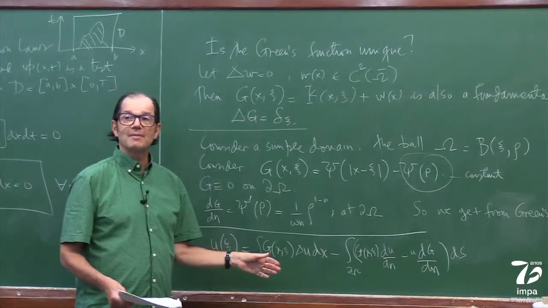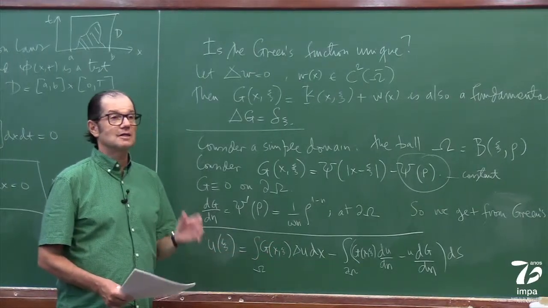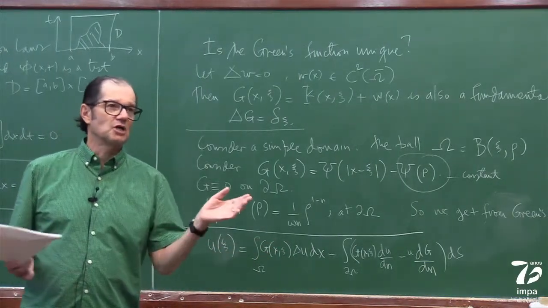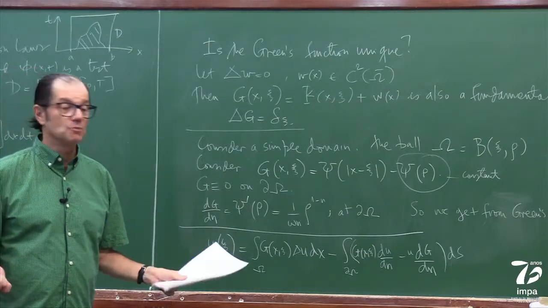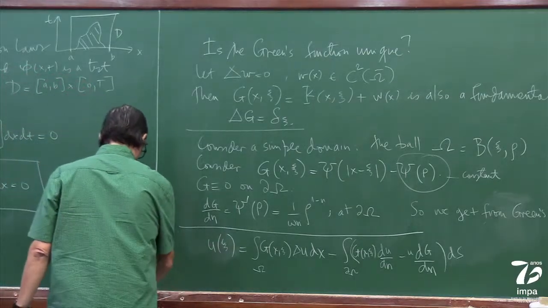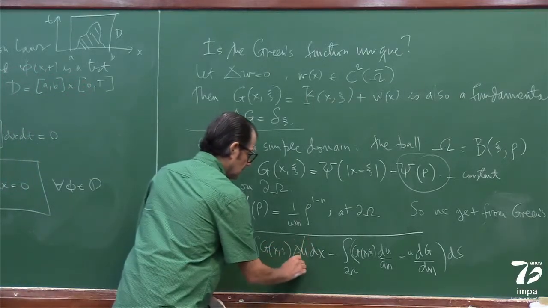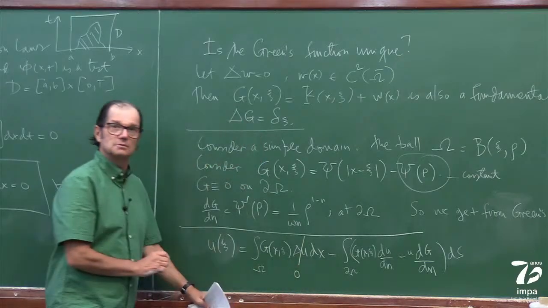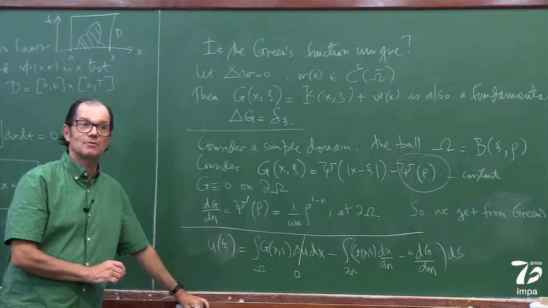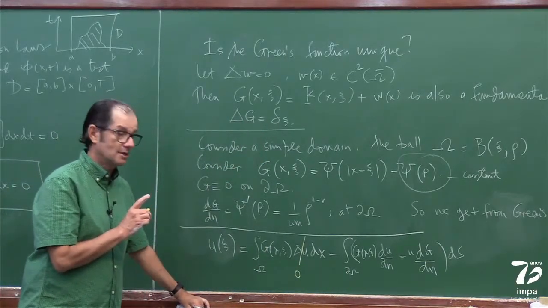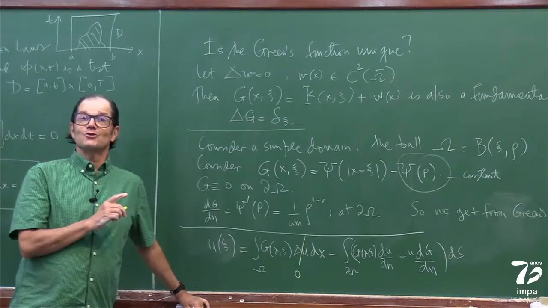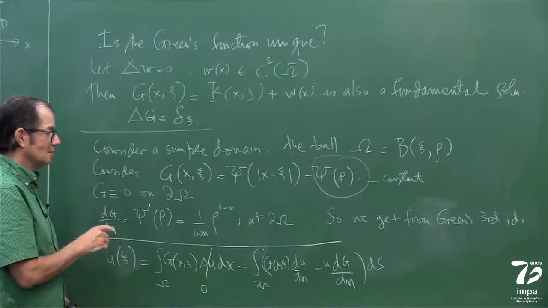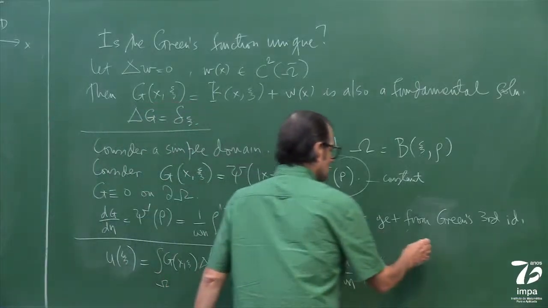Now, remember that the first time I did Green's third identity, sometimes I say I just need that u is something smooth. But now I know that u is harmonic. I'm using that piece of information. I'm also using the fact that this g, if it's centered at the ball, it's something like this.